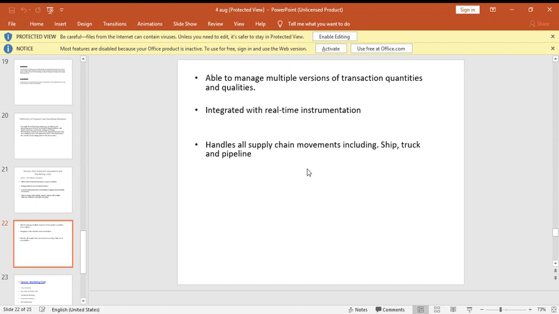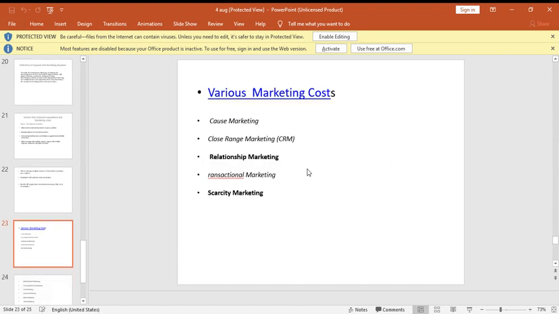Next, what are the various marketing costs? The various marketing types are cause marketing, close range marketing, also called CRM, then relationship marketing, then transactional marketing. There is a spelling mistake, there is a T here.